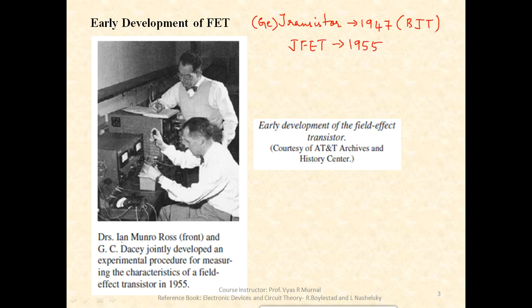These two people played a very important and crucial role in inventing the field effect transistor: Ian Munro Ross and Professor G.C. Dacey. You can just go through the picture of their experimental setup and the lab way back in the year 1955. That was just a brief introduction about the early development of FET.